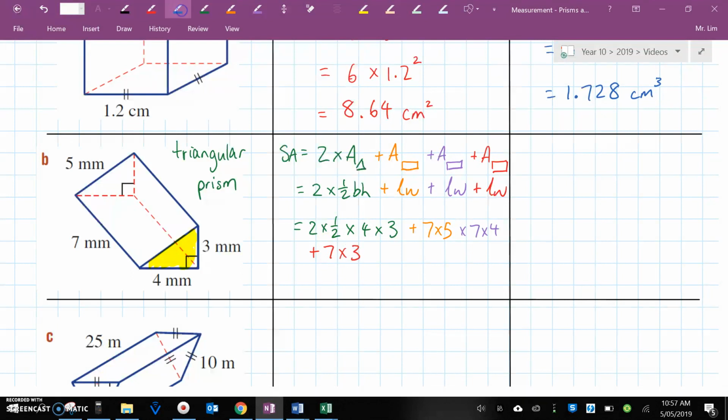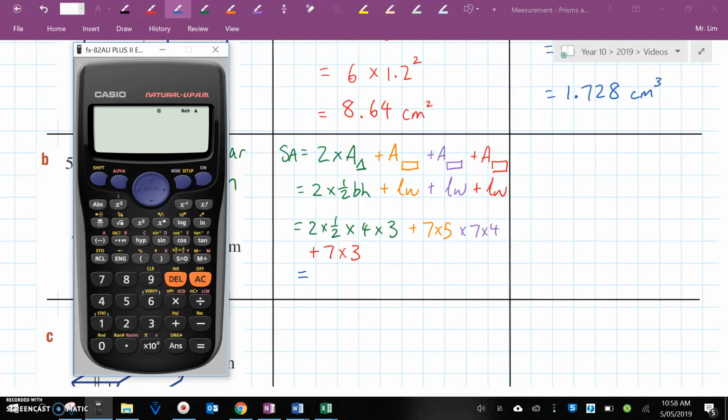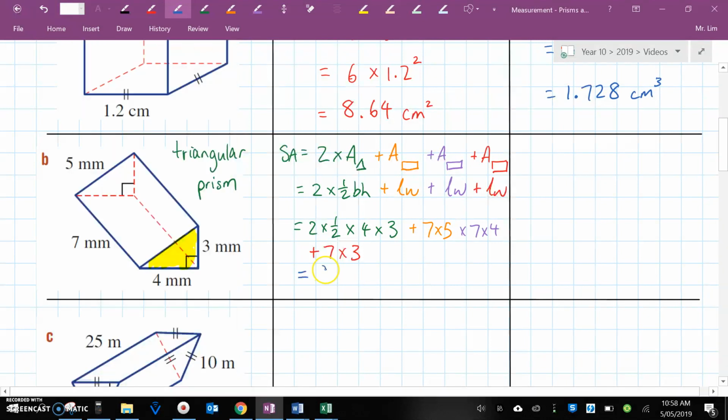We can put that in our calculator and see what answer we get. 2 times half times 4 times 3 plus 7 times 5 plus 7 times 4 plus 7 times 3 is equal to 96 millimeters squared. And I made an error here. That should be a plus.